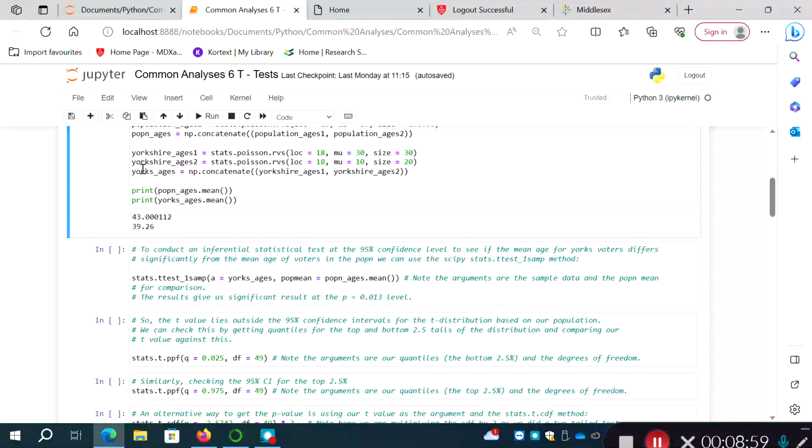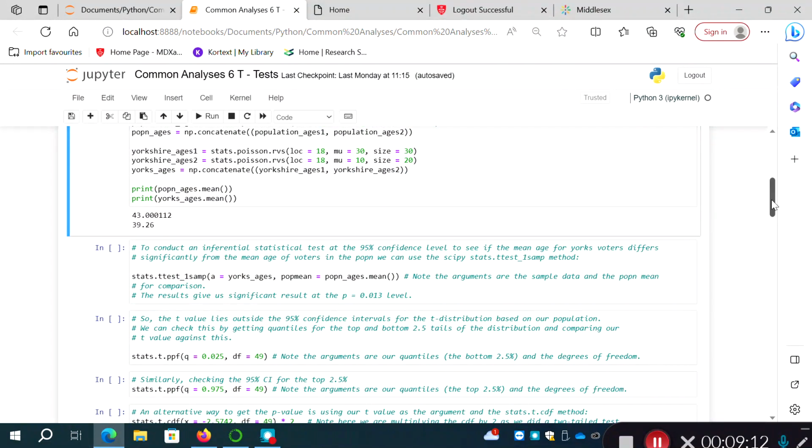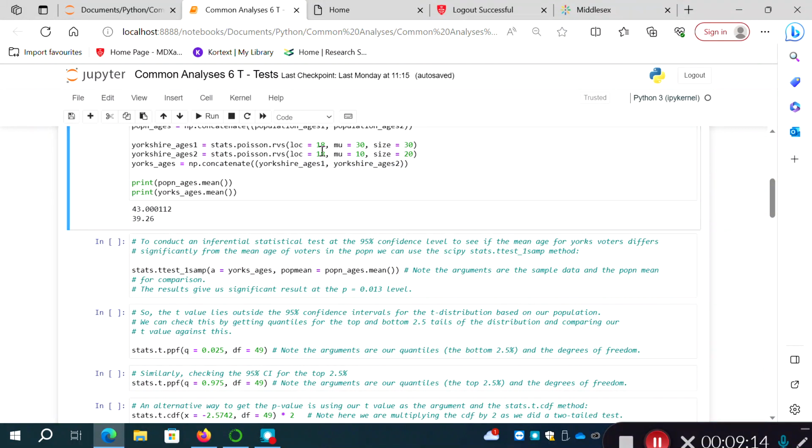From these two samples that I generated, I've got Yorkshire ages data, and that's what I'm passing in as the data for the sample, this object here, which is a numpy array of all these 50 samples of ages.